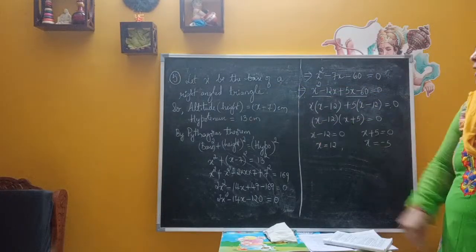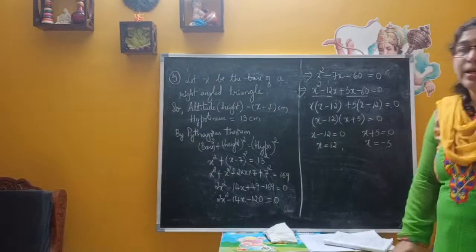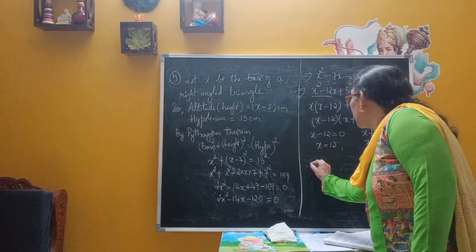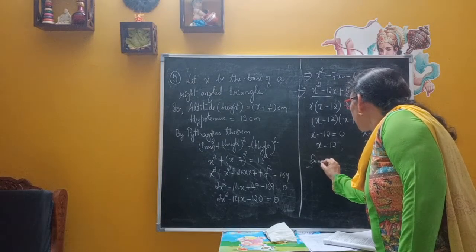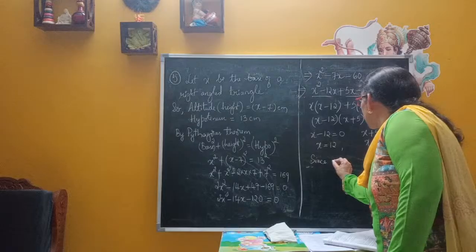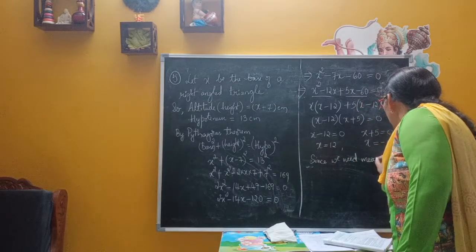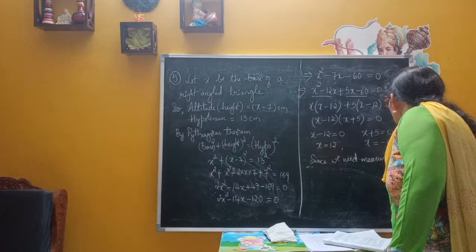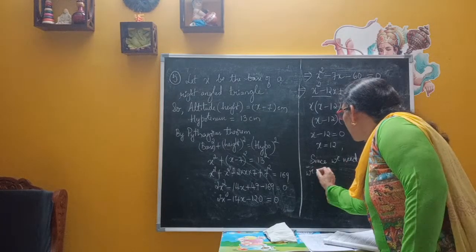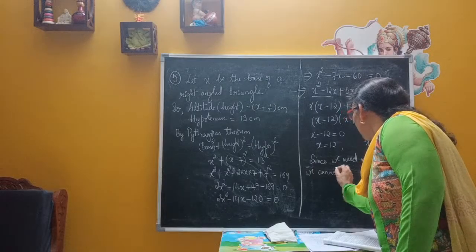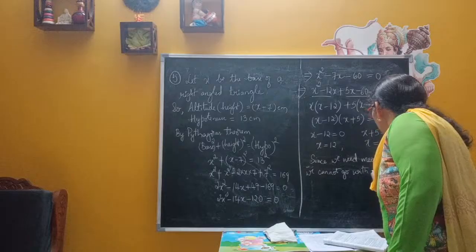So what is the height or altitude? That is x minus 7, that is 12 minus 7. It is 5 centimeter. Therefore, since we need measurements, we cannot go with negative values.